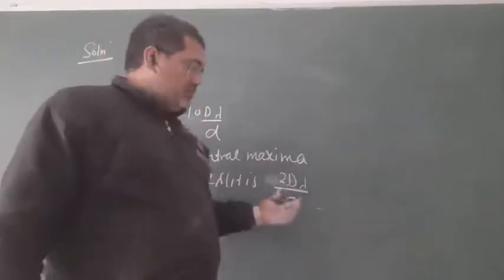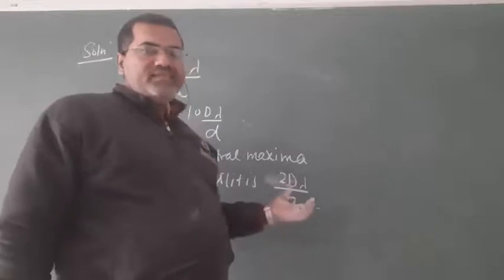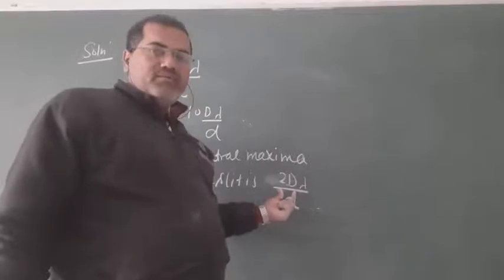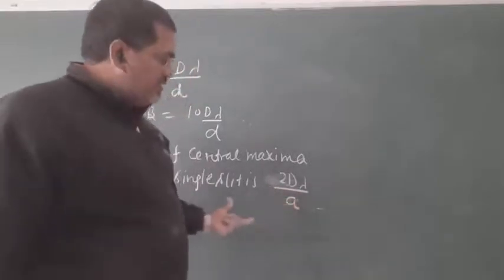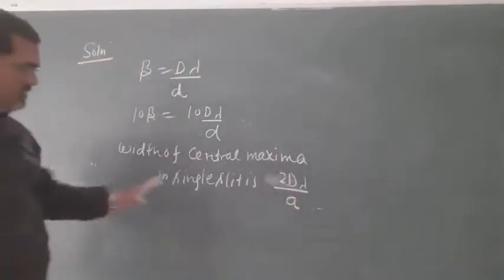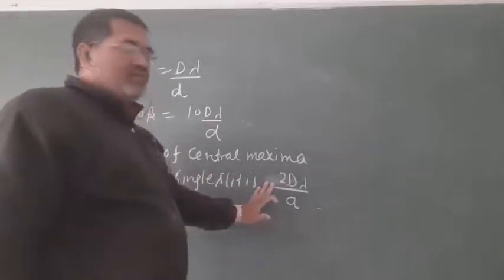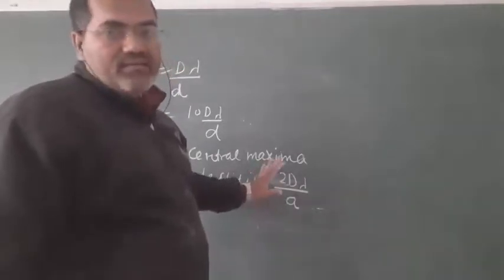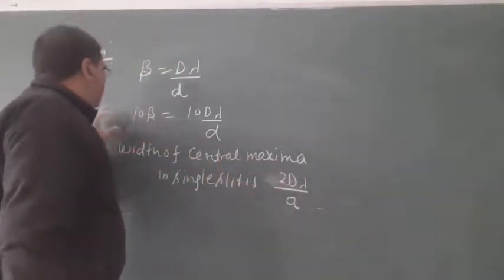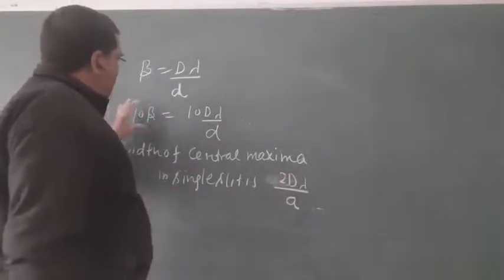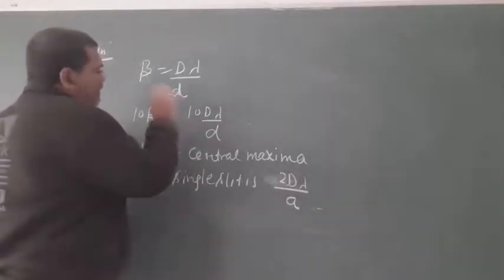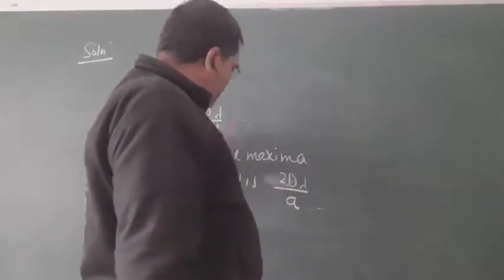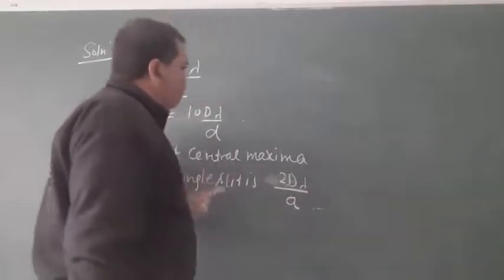The central maxima is 2 times any secondary maxima, so the width of the central maxima is 2 times the width of any secondary maxima. So this is the width in the diffraction pattern, 2 D lambda by a, where a is the aperture of the slit, that is the opening. The width in YDSE is 10 beta, that is 10 D lambda by d, and this is equal to 2 D lambda by a.